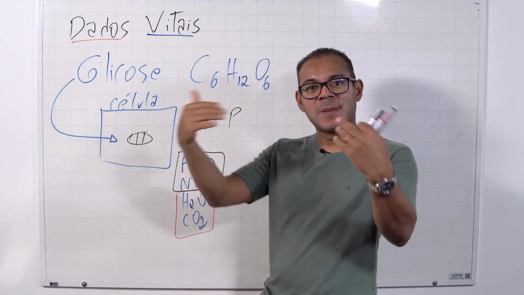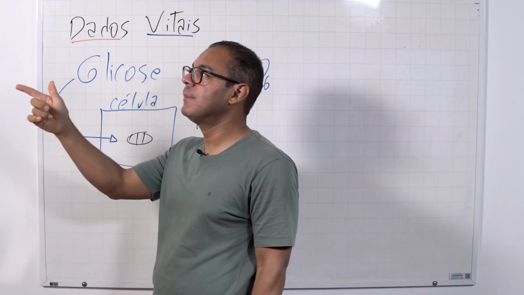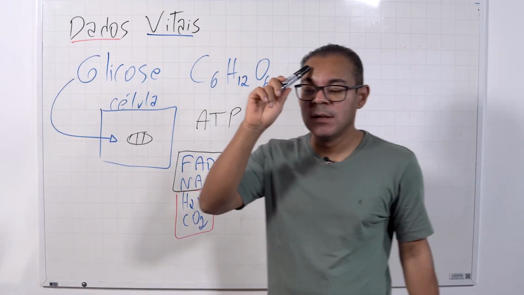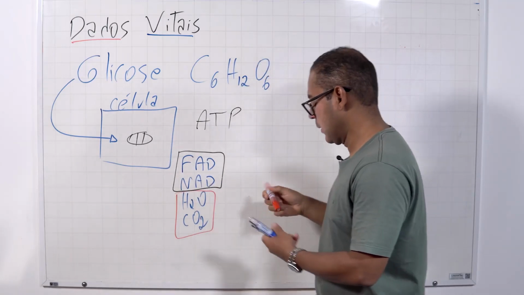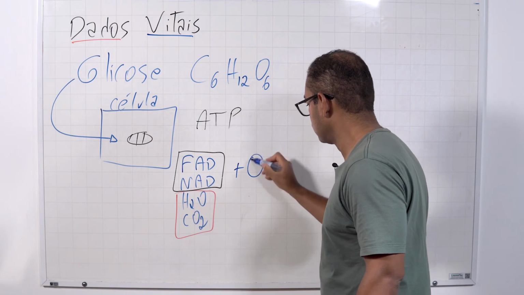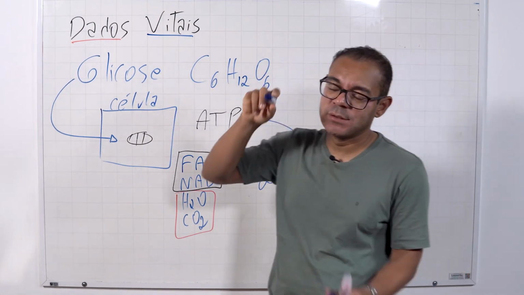And then you inhale. You bring oxygen into your body. And that oxygen is what binds to who? To NAD and FAD. So when I have this here together with the oxygen, I have energy in the form of adenosine triphosphate.